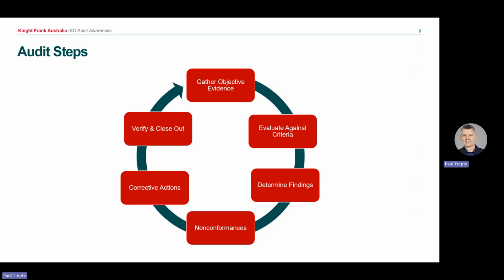At a high level, the audit includes gathering objective evidence, evaluating the evidence against set criteria, determining findings against that criteria, whether positive or negative, identifying if there are any non-conformances against the audit criteria, requiring the auditee to take corrective actions to prevent the recurrence of the non-conformances, and then verifying that the actions taken to correct the non-conformances have been effective. We'll explore these in the following slides.